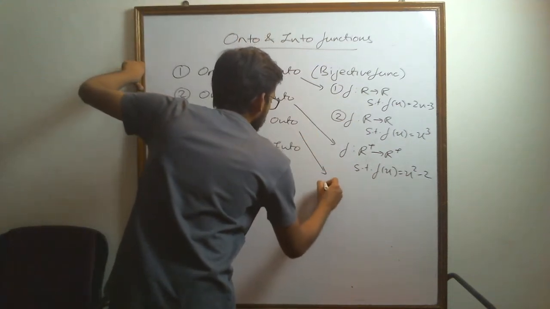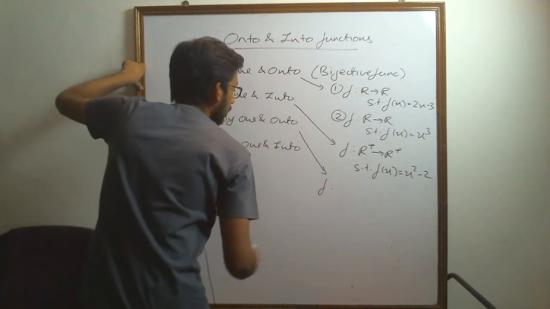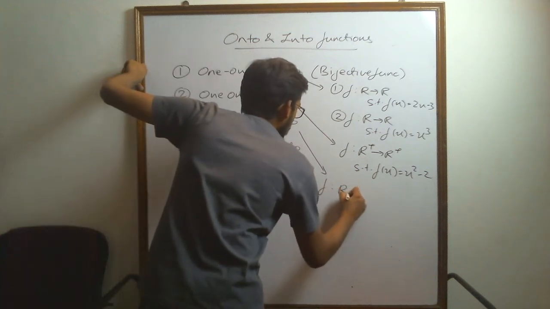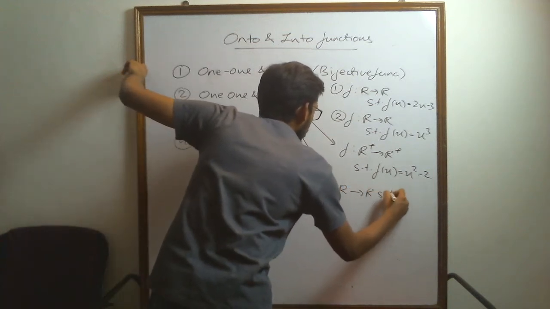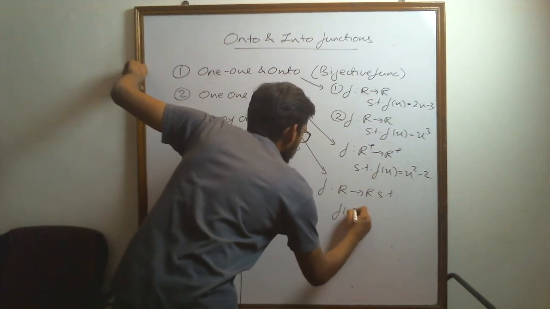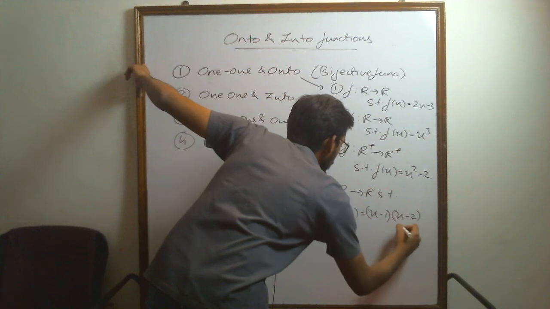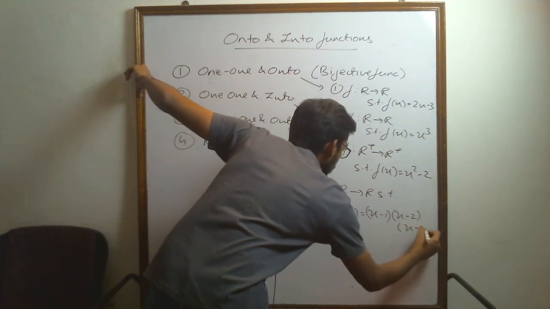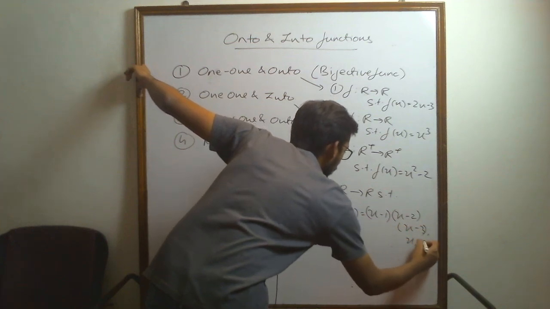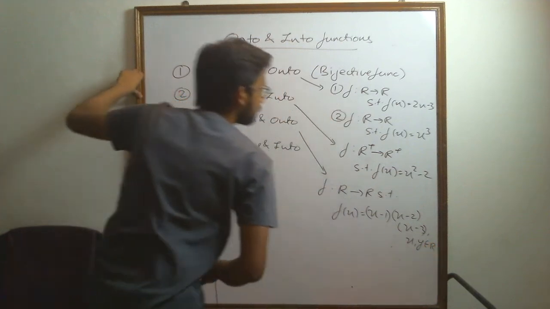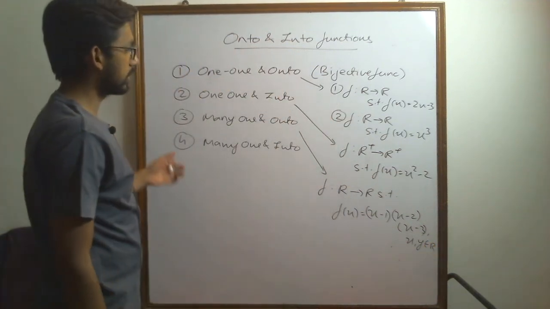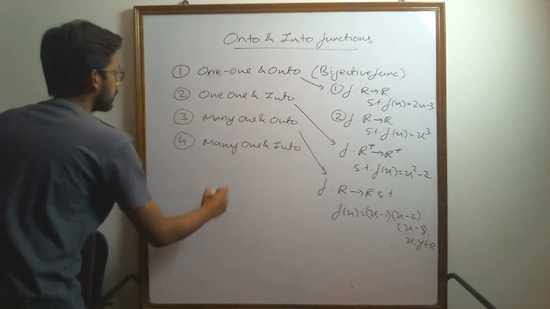Many-1 and onto: I am defining a function f from set R to R such that f of x is equal to x minus 1 into x minus 2 into x minus 3, such that x and y belong to R. This is an example of many-1 and onto function.